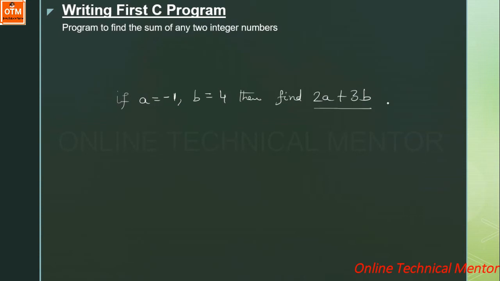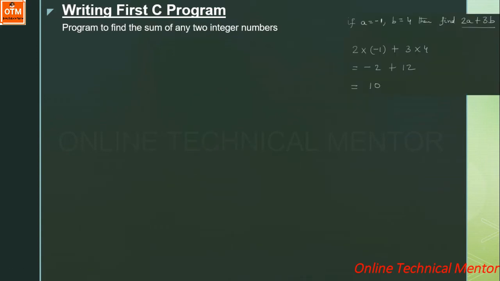To find the value of this expression, replace a and b with -1 and 4. So the expression will become 2 multiply -1 plus 3 multiply 4. Now 2 multiply -1 is -2 and 3 multiply 4 is 12, and finally it gives 10. So 10 is the result of 2a plus 3b, where a equal to -1 and b equal to 4.